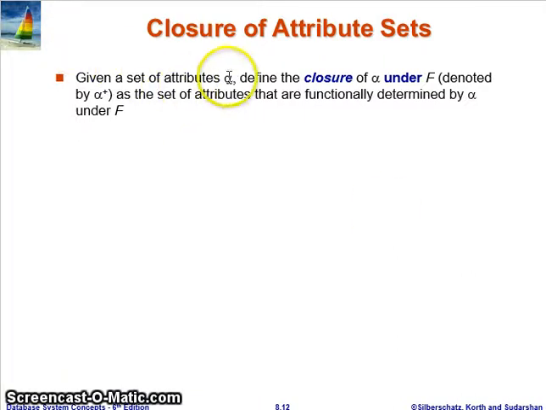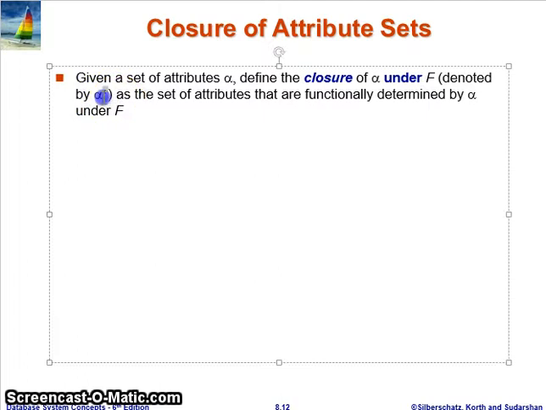Given a set of attributes, suppose alpha, we define the closure of alpha under F. We denote it as alpha superscript plus, the set of attributes that are functionally determined by alpha under F. The meaning is: if we have a set of attributes, then using the given FDs we can derive other attributes, and we call that the closure of that attribute set.